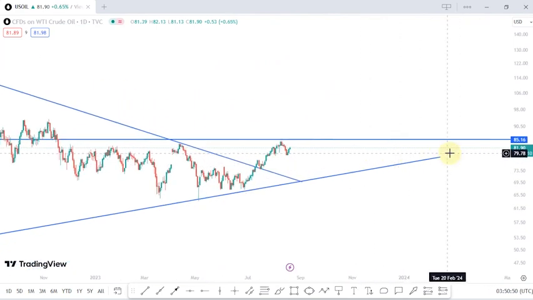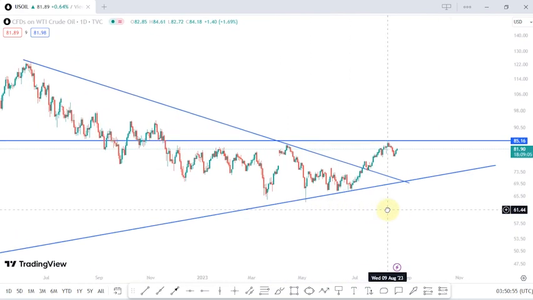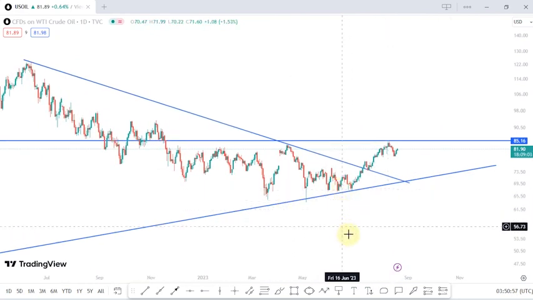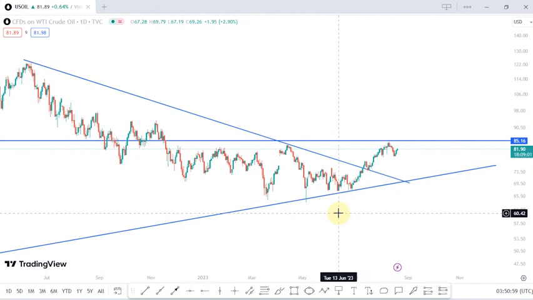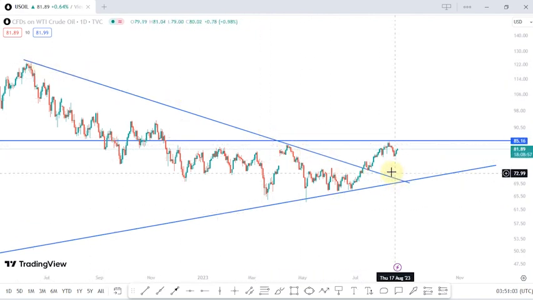So what can I see here? I can see that oil bounced off an upward trend line, then broke this short-term trend line, and oil is about to go up. This is on a daily time frame.